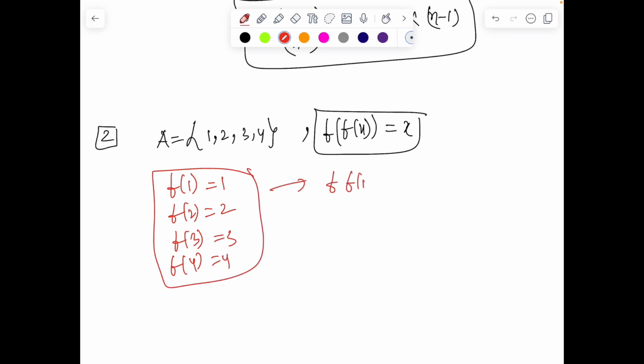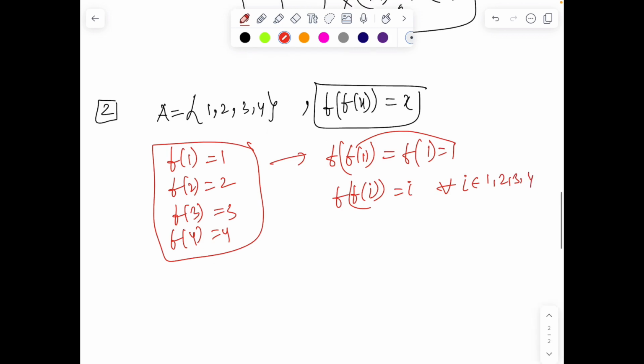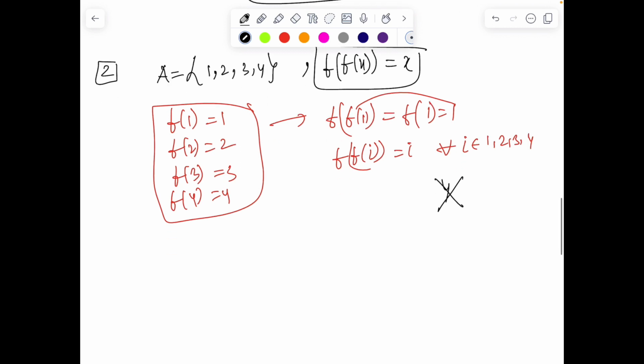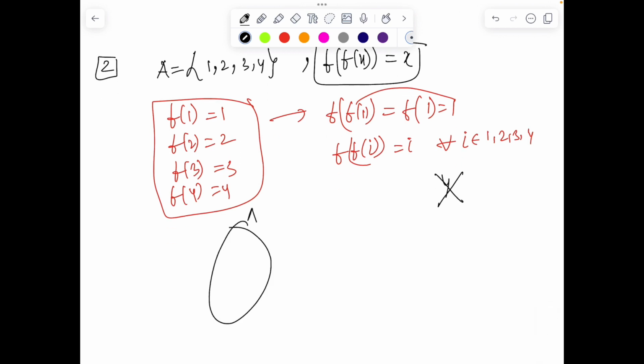If this is the case, clearly it satisfies f of f of x equals x, because f of 1 is 1, and f of 1 again is 1. Similarly, f of i will be i for all i belonging to 1, 2, 3, 4. So it feels the answer for this problem is 4, which is clearly wrong, because there can be other possibilities as well. Let me talk about one such possibility before we go and hit this problem.